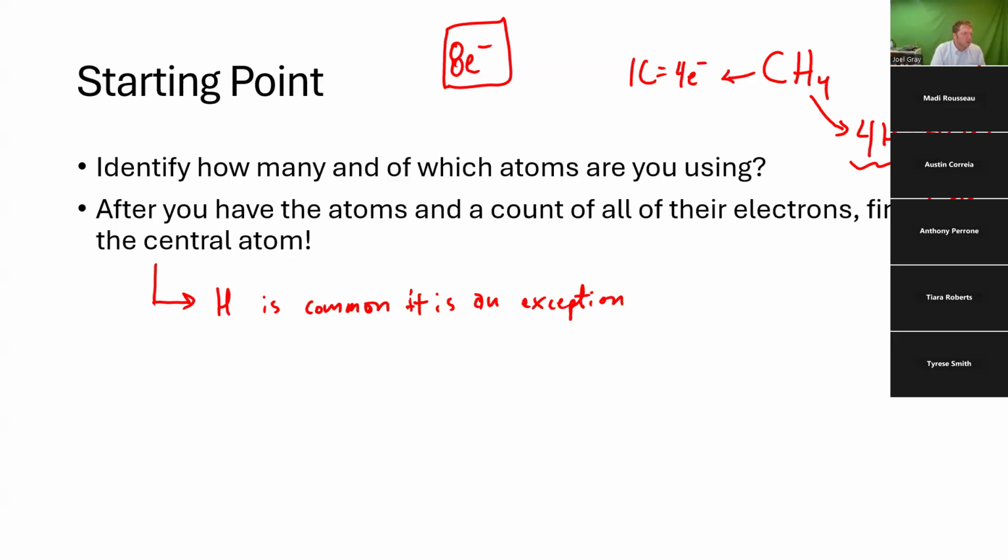So whenever we see this prompt, find the central atom, what we are looking for is the least electronegative element.